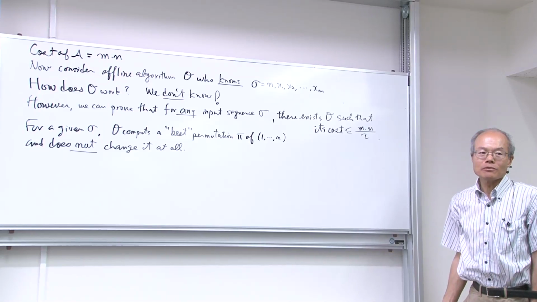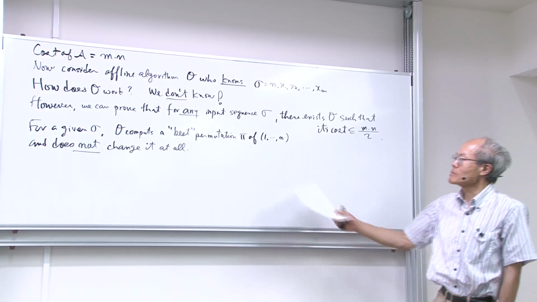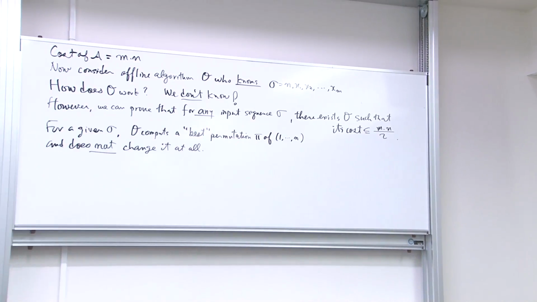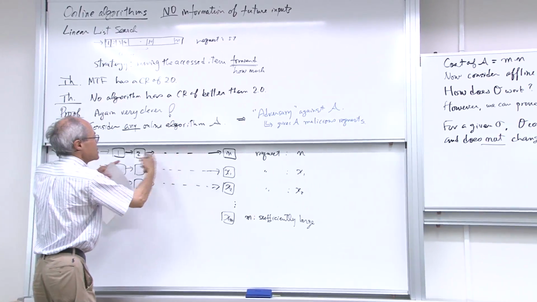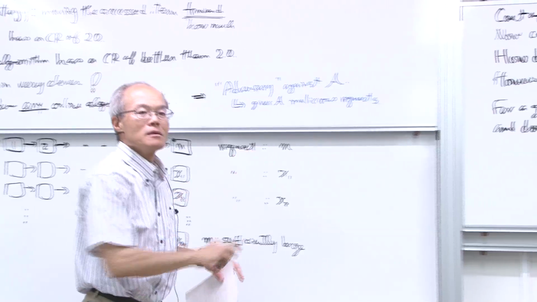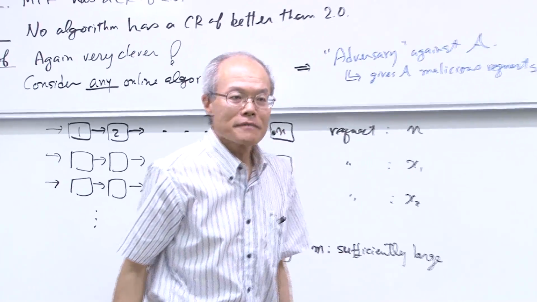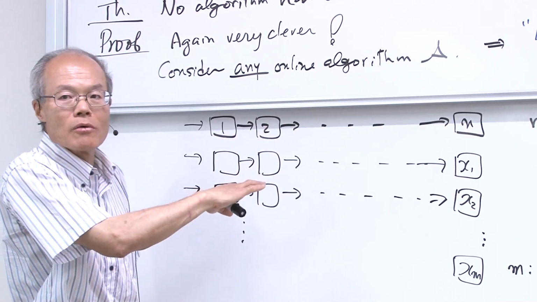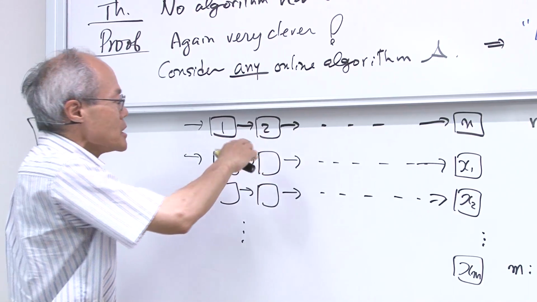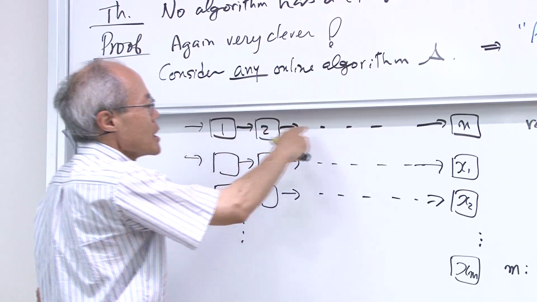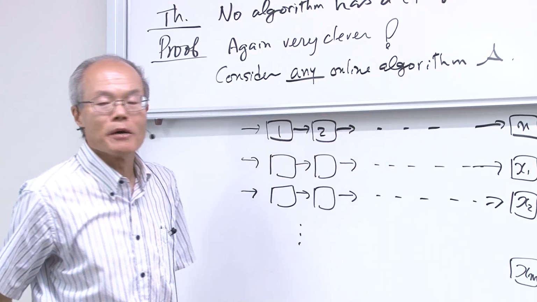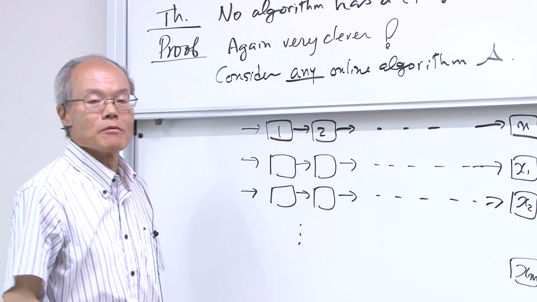He or she uses this as the initial permutation, so at the beginning he changes the list to the best permutation pi.